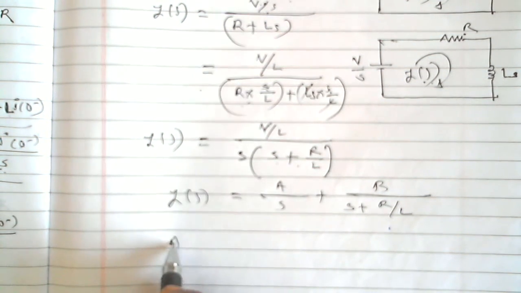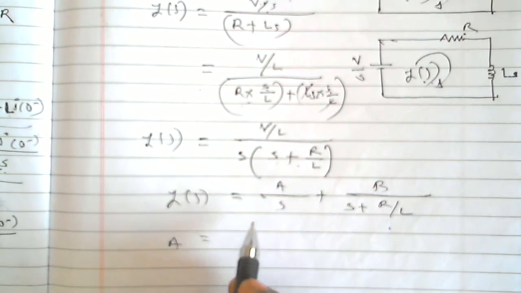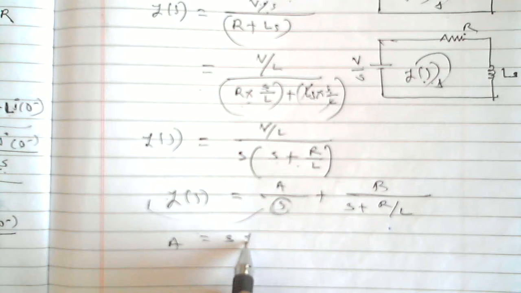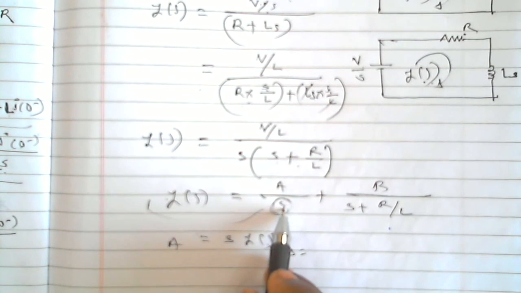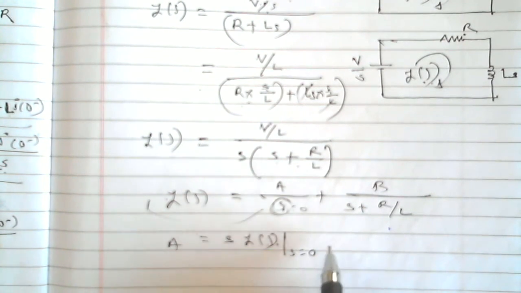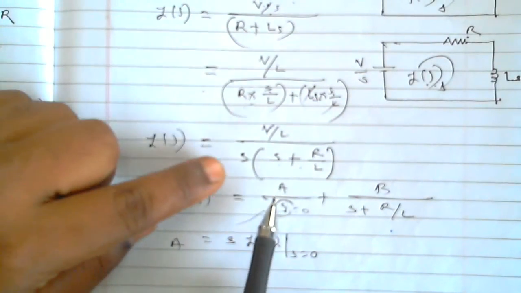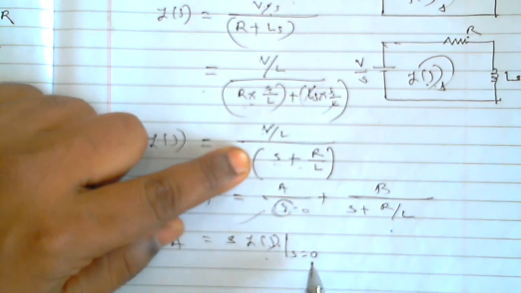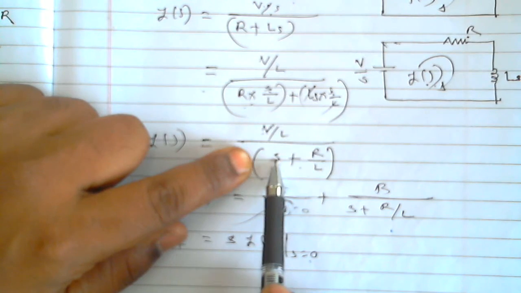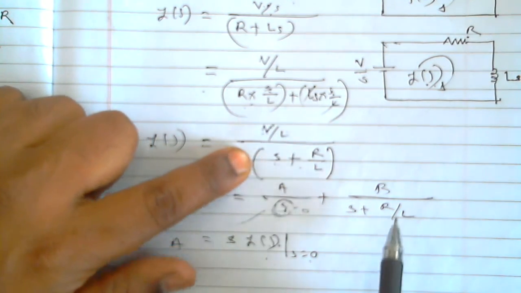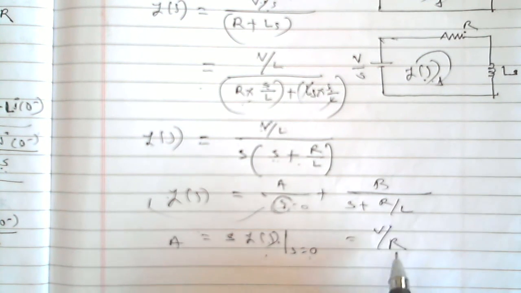Now you know how to find A. A can be found as the root multiplied with the equation, s I(s) at s equal to what? 0. Remove s from this equation because s will get cancelled, and in place of s now put 0. When s is 0, this is (V/L)/(R/L). When it is inverted, L and L get cancelled and it will be V/R.